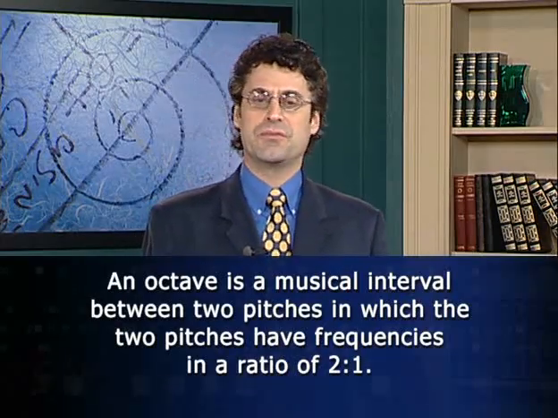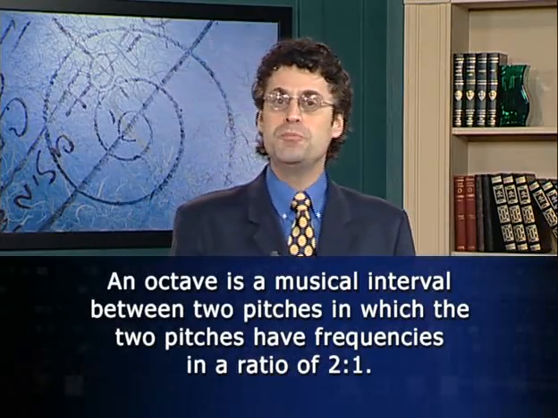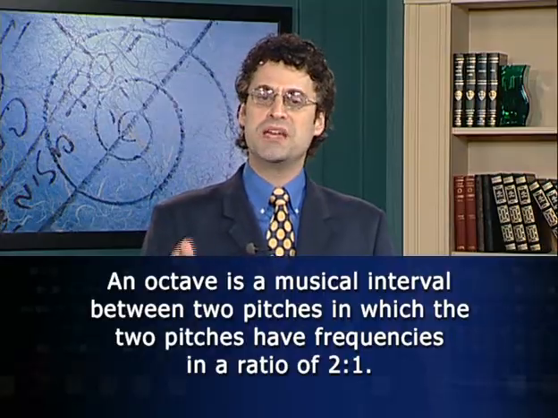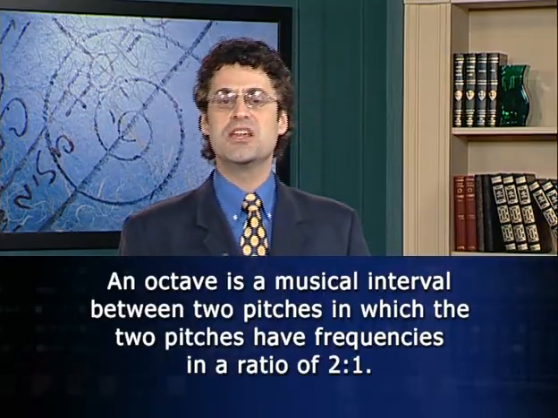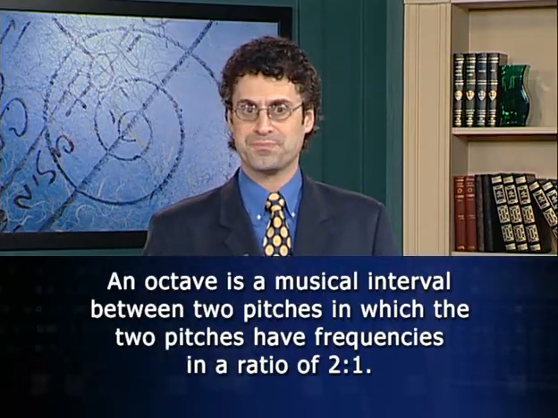Magnificent. Well, moving from the beauty of what we see to the harmony of what we hear, we now return to our discussion of musical geometric progressions. In Lecture 4, we defined an octave as a musical interval between two pitches in which the two pitches have frequencies in a ratio of 2 to 1.